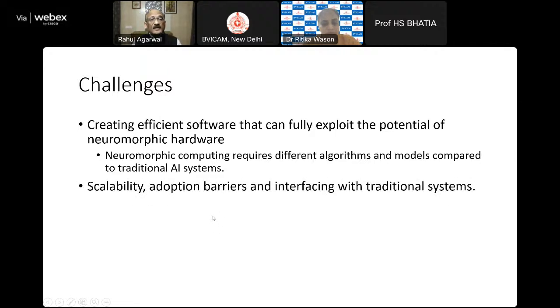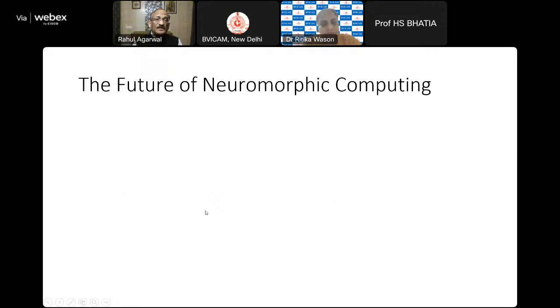Then scalability and adoption is another challenge in terms of interfacing with a traditional system. So these are some of the key challenges which are coming in the way of faster adoption of neuromorphic systems.